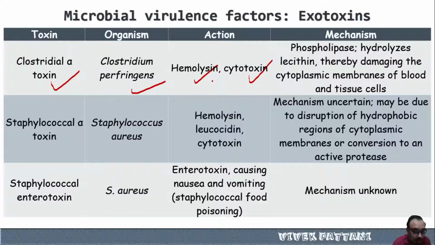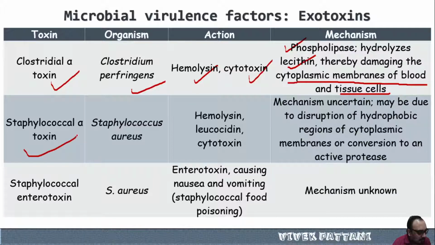Mechanism: they produce phospholipase enzyme, which hydrolyzes lecithin, thereby damaging the cytoplasmic membranes of blood and tissue cells. This is how cells are killed.